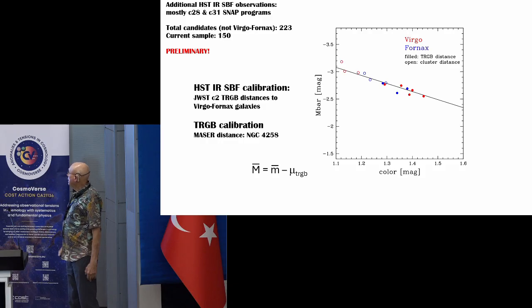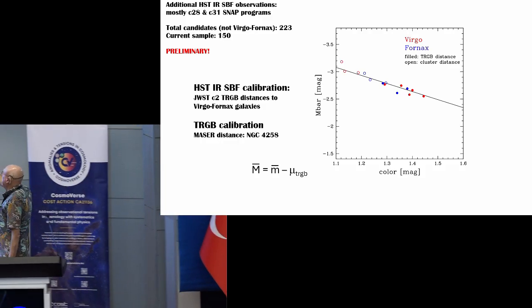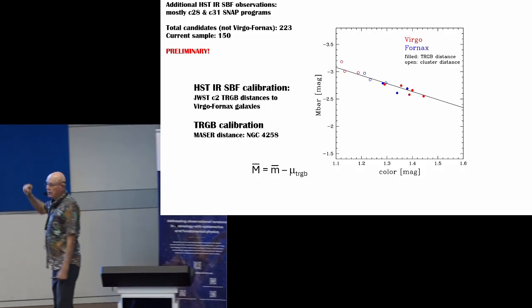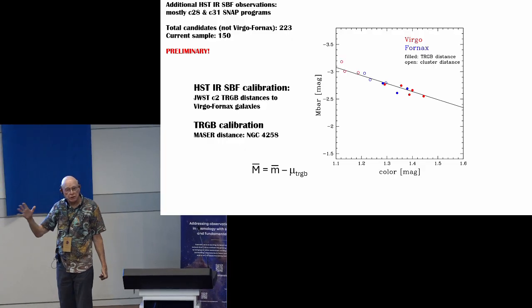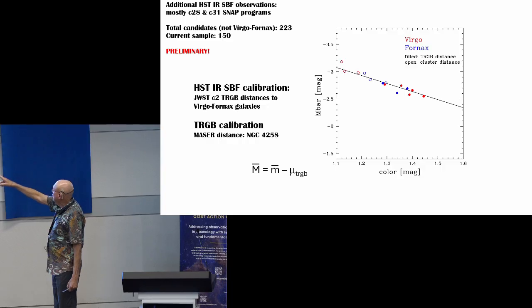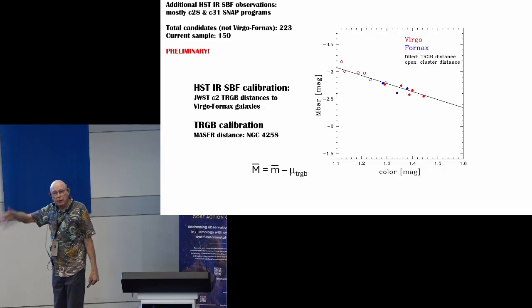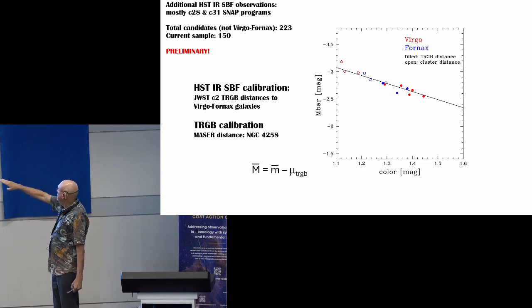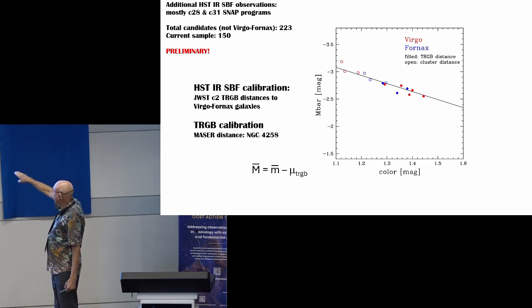Here, in red and blue in this plot, are data from Virgo and Fornax using the distances that I was just showing you in the previous slides. So this M bar is a measure of the fluctuations in the surface brightness fluctuations, and this is showing you their subtle color dependencies. And you can see that this fit up here.